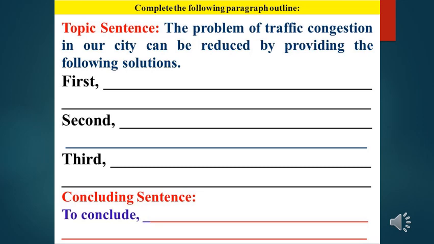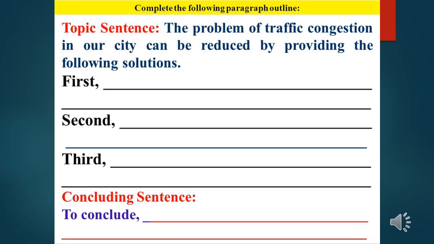This is the first solution to reduce the problem of traffic congestion or traffic jam. Once again, we can say the government should build new roads and improve or expand existing ones.